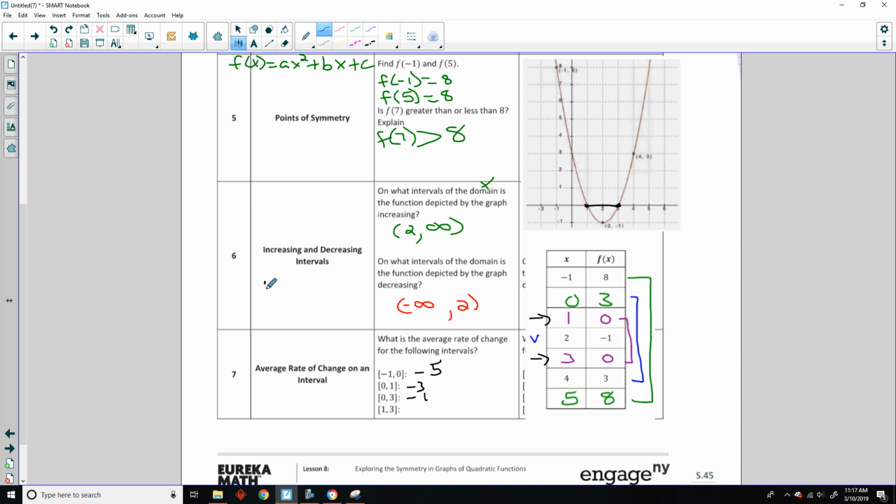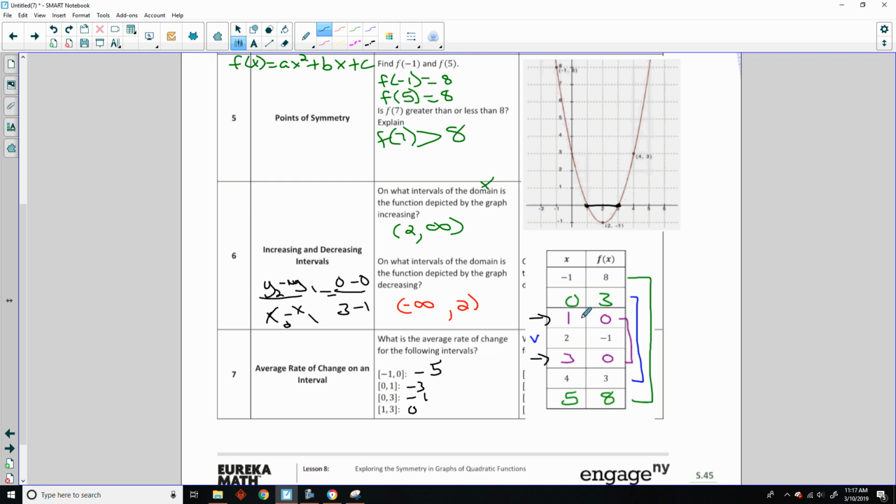Let me just do that. y2 is 0 minus y1, which is here, 0, over x2, 3, minus x1, 1. Well, that's going to be 0 over 2. And 0 divided by anything is still 0. So my average rate of change there is 0.